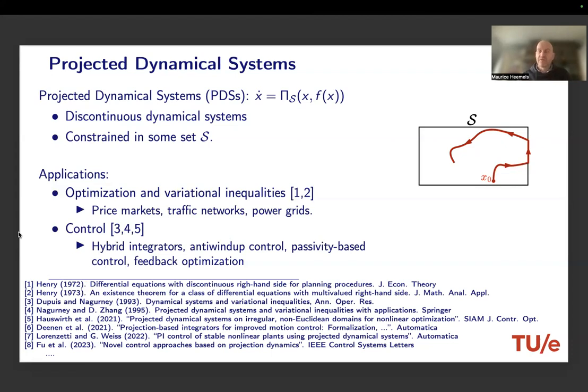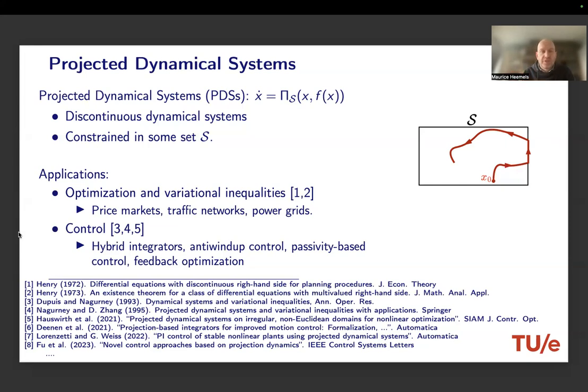So the study of the dynamics of certain economical systems, including prices, markets, traffic networks, but also power grids, to study their dynamics and make sure that certain variables, for instance, always stay non-negative. Think about pricing or certain commodities that always have to stay non-negative. So it's quite a classical definition and received quite some interest over time.